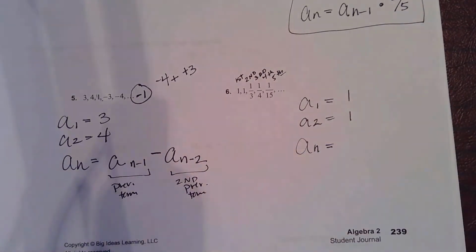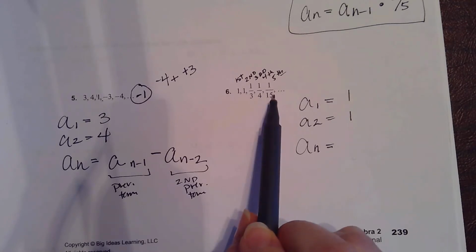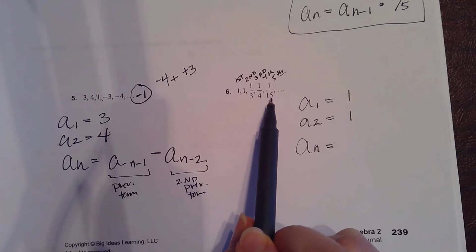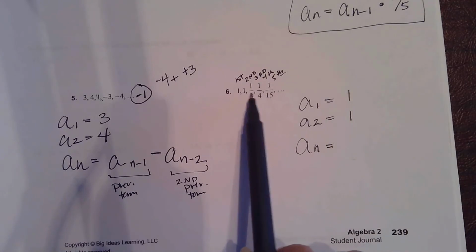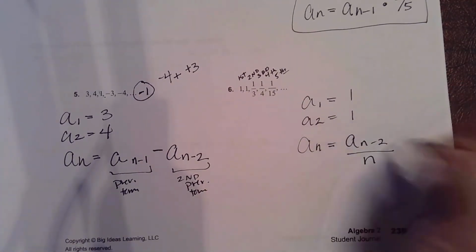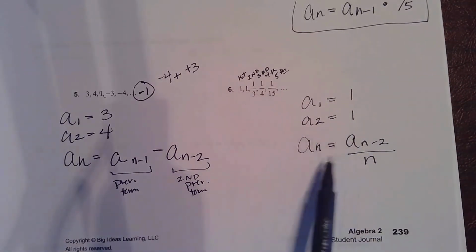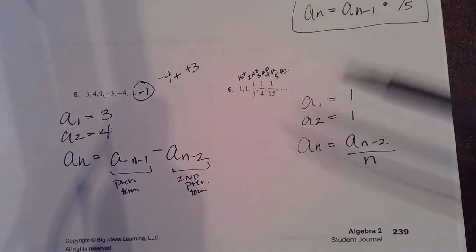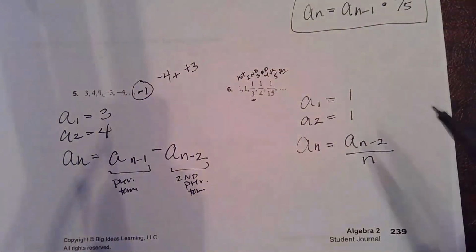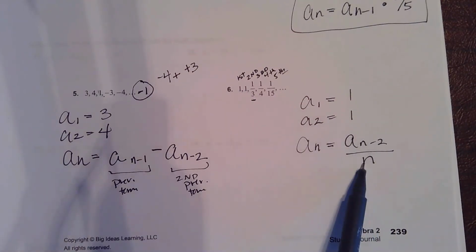My pattern here is, to get to 1/3, 1/4, 1/5, I'm going to take a sub n minus 2 and divide by n. So what that means is I'm going to take the term that came 2 before it. So in this case, if I was to figure out 1/3, I would take the term that came 2 spots before, so 1, and divide by n.